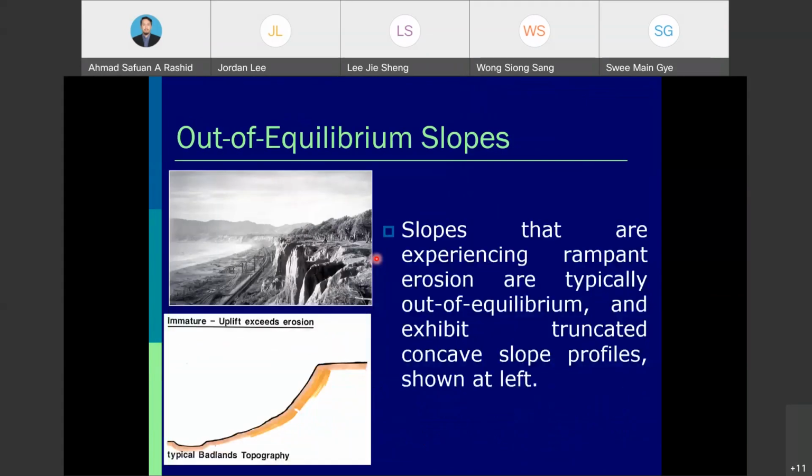Slopes that experience rampant erosion are typically out of equilibrium and exhibit a truncated concave slope profile, shown at left. So this is an example due to erosion, where the slope is located near the sea level.